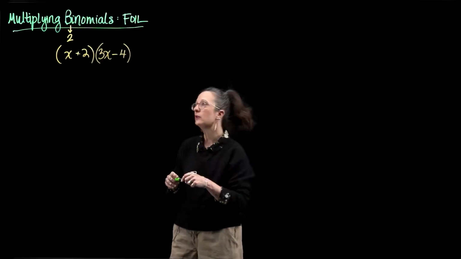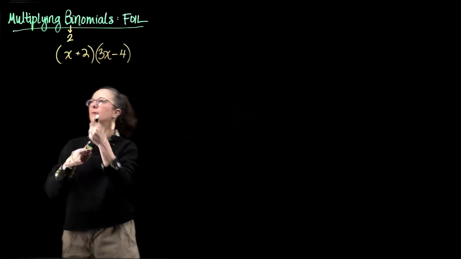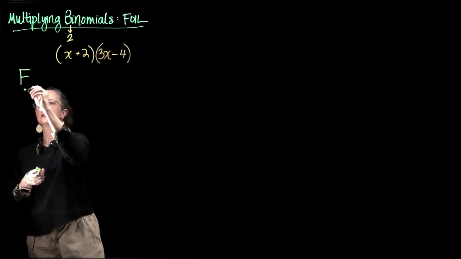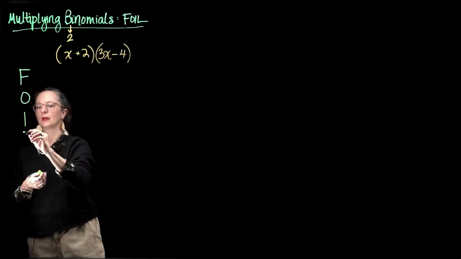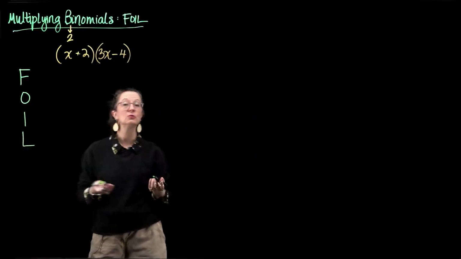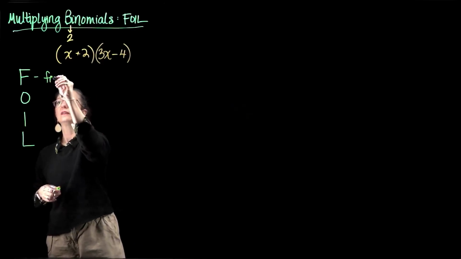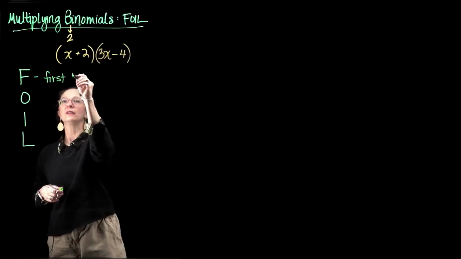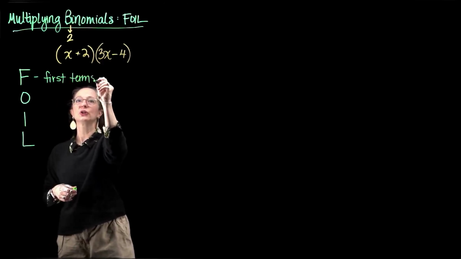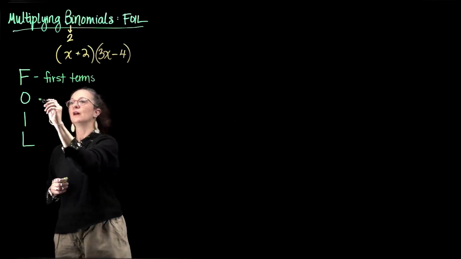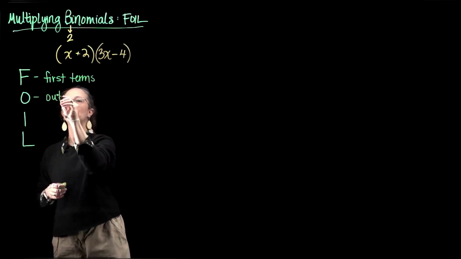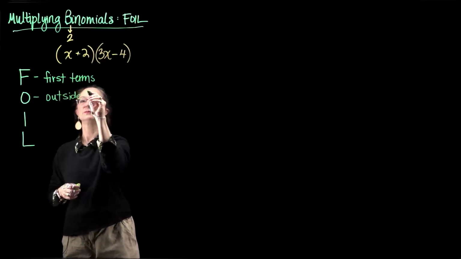So FOIL is actually an acronym, and let's write out what it means. It gives us a way to multiply these, and the F stands for first terms. The O stands for outside terms.